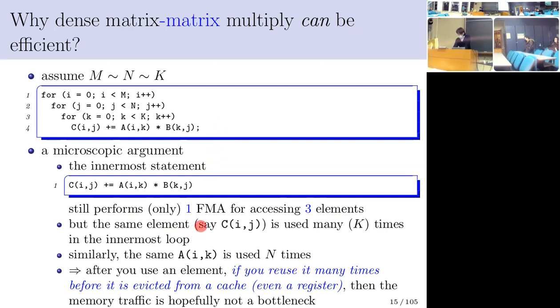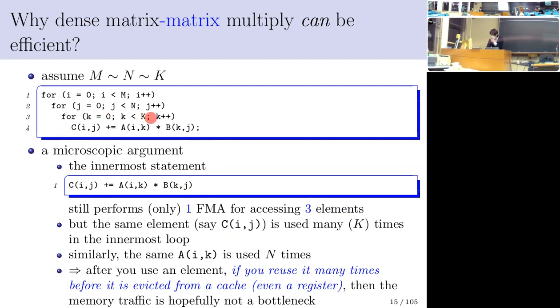So the basic observation is that if you take the innermost loop, you can observe that Cij is always the same element throughout the entire innermost loop, right?